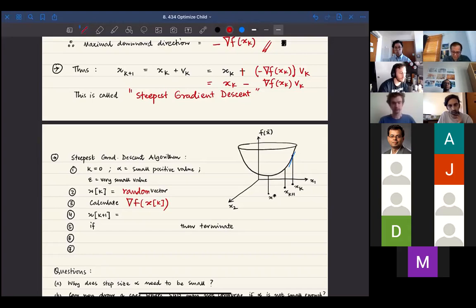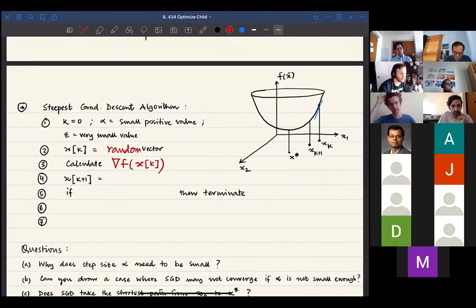Now, x of k plus 1 is x of k minus alpha times grad f(xk). We told you which direction to go, and that was the negative gradient direction.